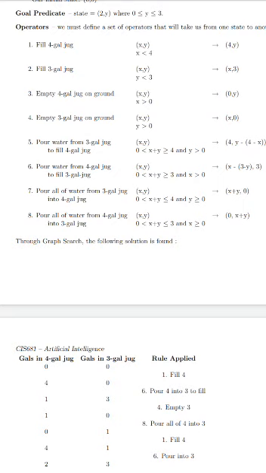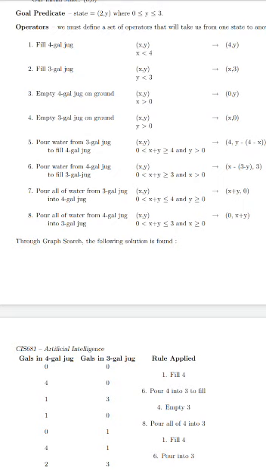Next, pour all of the water from the 3 liter jug into the 4 gallon jug. We transfer all water available in Y into X. So we write (X plus Y, 0), where 0 indicates there is no water in the 3 liter jug.